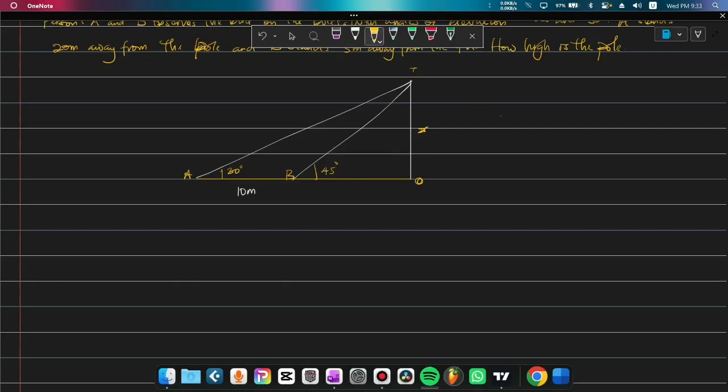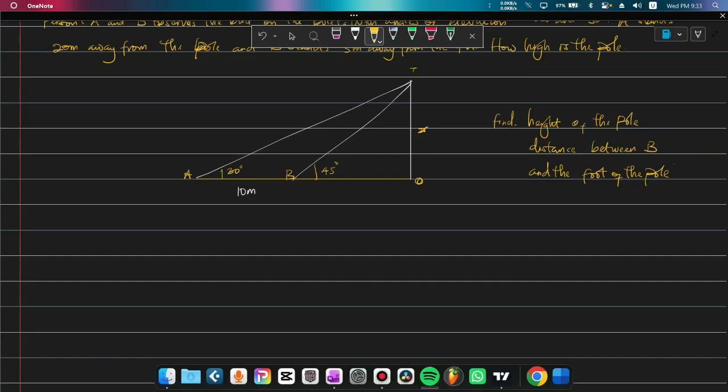We are told to find the height of the pool and the distance between B and the foot of the pool. How do we find this?